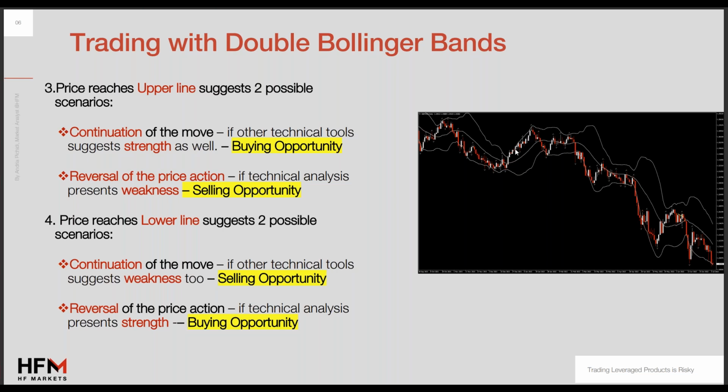Retest, actually it has been retesting the upper line for a while. So if it reaches the upper line, that's a bullish sign, okay? But you need to be careful.